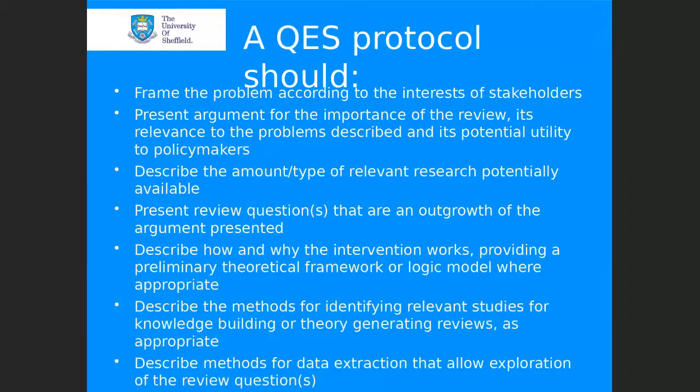We should describe the amount and type of relevant research potentially available, not in absolute numbers because we haven't reached that point yet, but in terms of whether studies are plentiful or relatively rare. And this might impact on, for example, whether we decide to use survey data to corroborate the findings from a limited number of qualitative studies, or whether we think there are sufficient quality studies not to resort to supporting survey data.